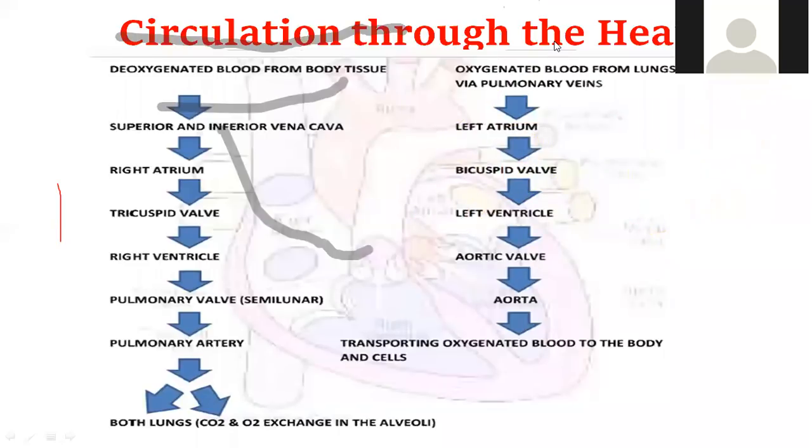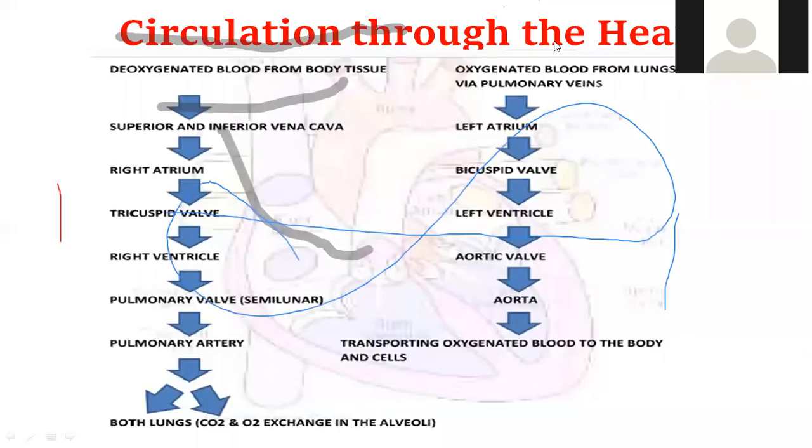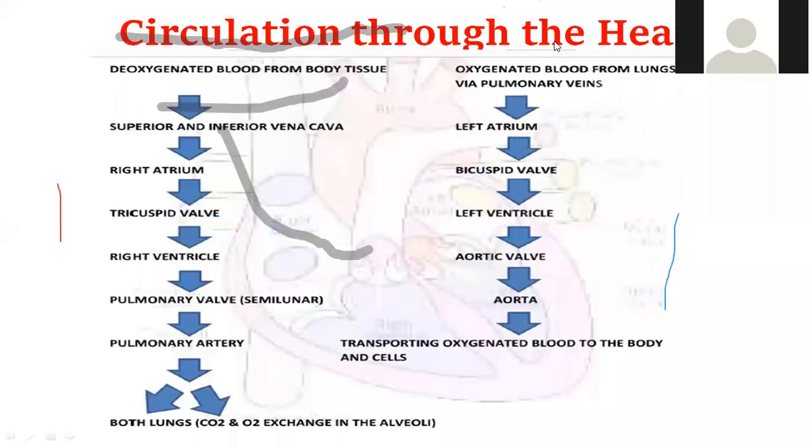And when the blood gets to the left atrium, the bicuspid valve gives way for the blood to be ejected to the body. So the aorta gives branches. We have the descending aorta that supplies the organs in the lower aspect of the body.